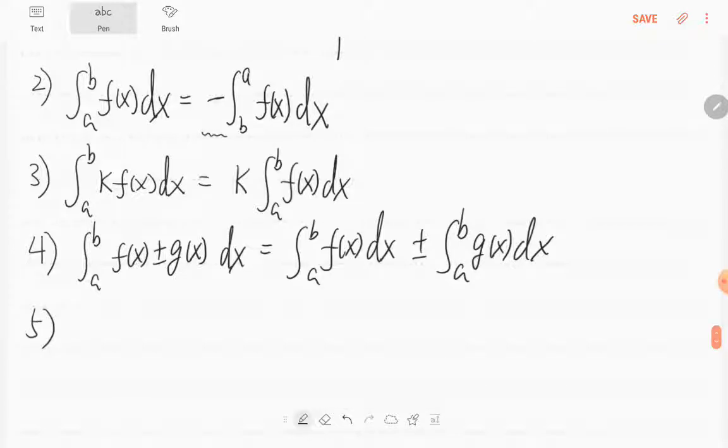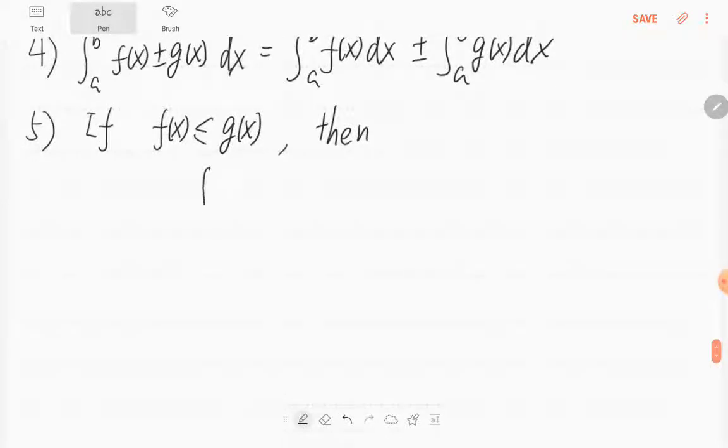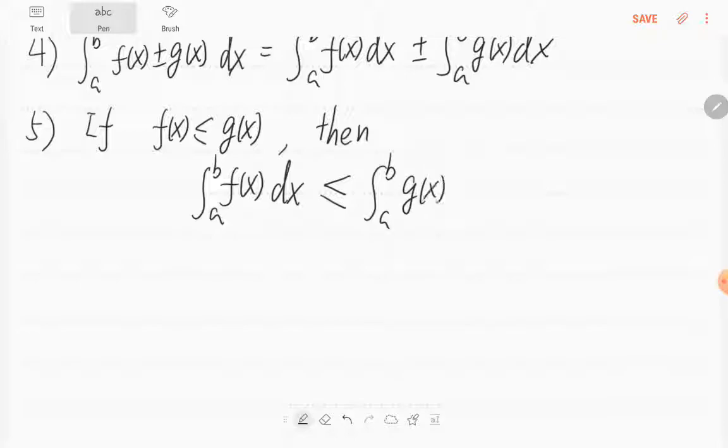The fifth property. If f of x is less than or equal to g of x, then the integral from a to b of f of x dx is less than or equal to the integral from a to b of g of x dx.